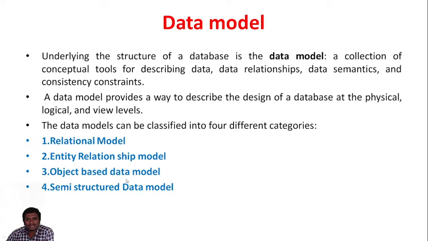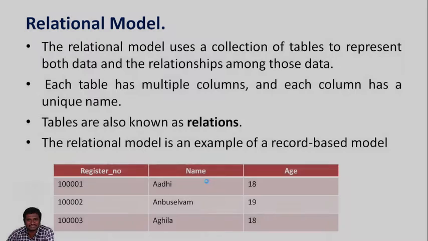It is a combination of the relational model and the entity relationship model. The class diagram and the use case diagram are examples of the object-based data model. The next one is the semi-structured data model. An example of a semi-structured data model is the XML language.